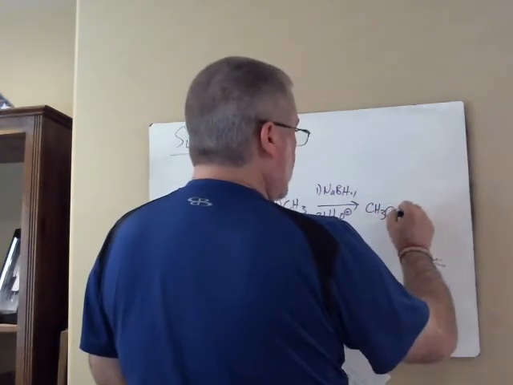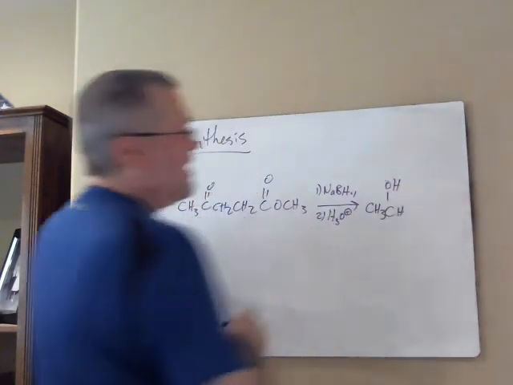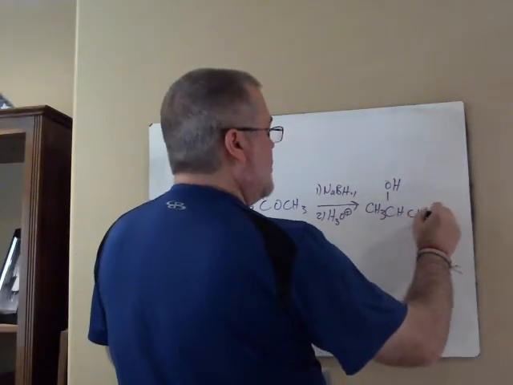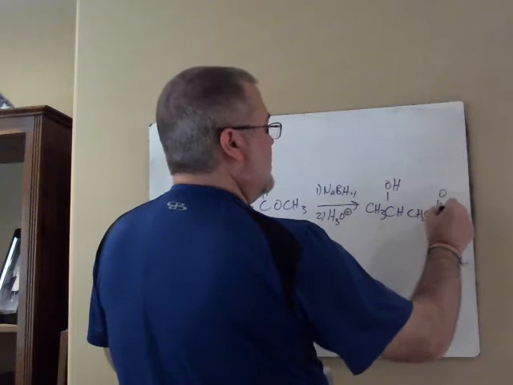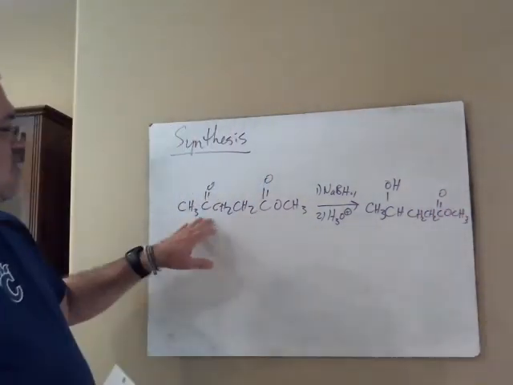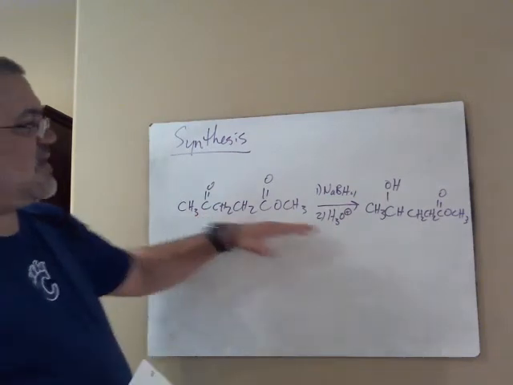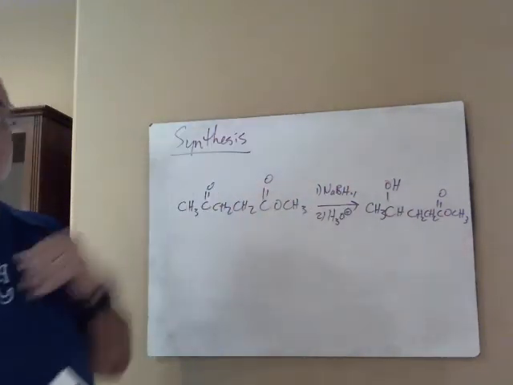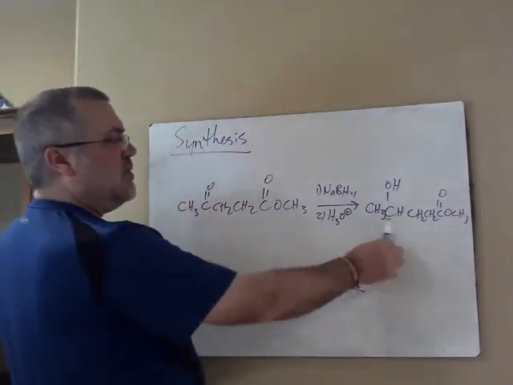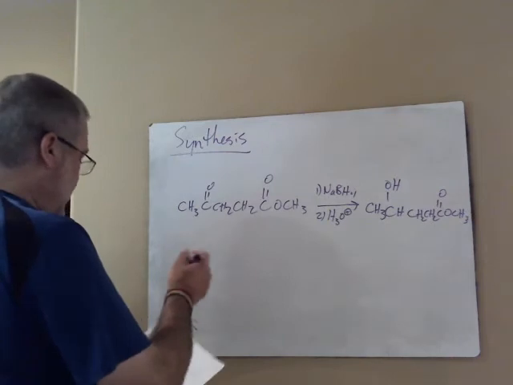You will reduce that ketone but have no effect on the ester. So synthetically, if you want to reduce this group and leave the ester as is, sodium borohydride is a selective reducing agent. It only will reduce that one functionality.